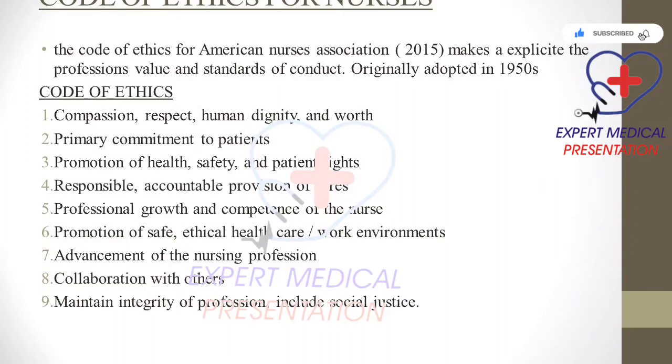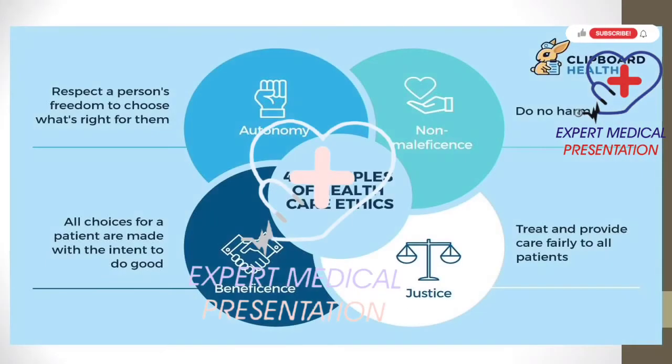Responsible, accountable provision of care. Professional growth and competence of the nurse. Promotion of safe, ethical health care work environments. Advancement of the nursing profession. Collaboration with others. Maintain integrity of the profession, including social justice.